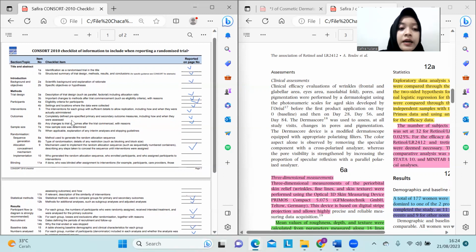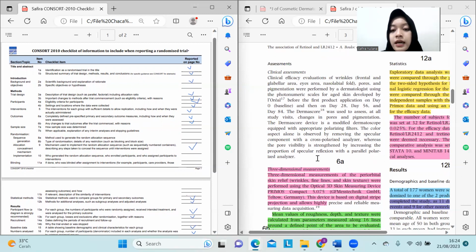Outcomes is completely defined per specific primary and secondary outcome measure, including how and when they were assessed. And this is number 6A.